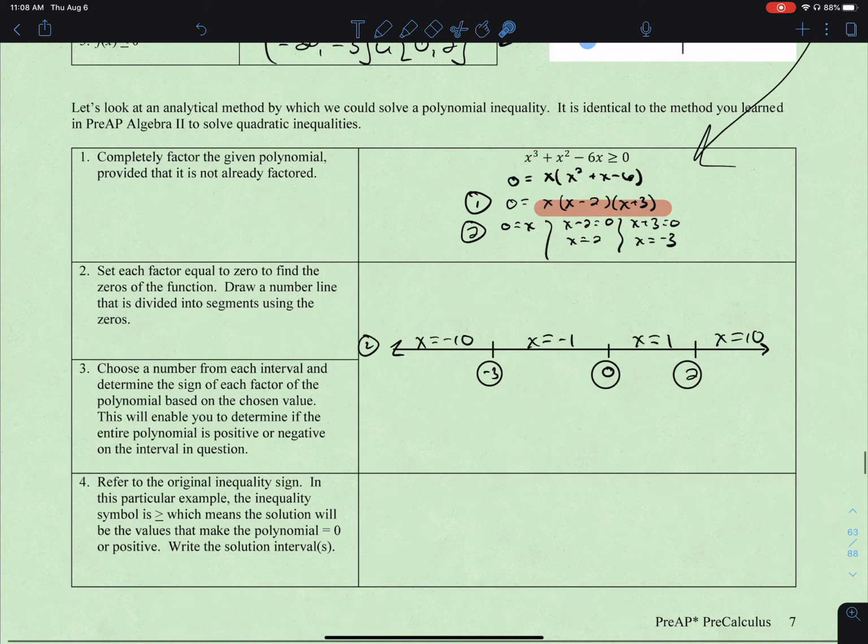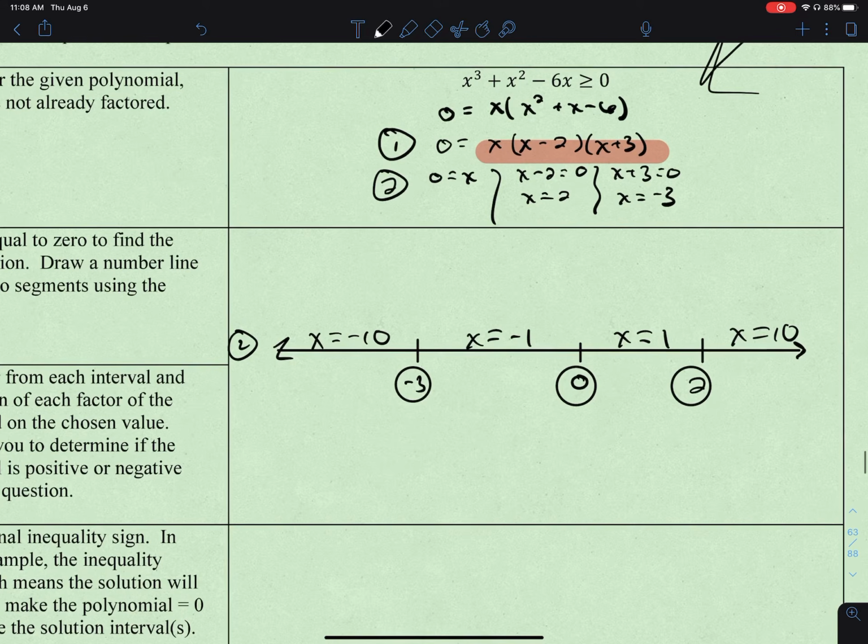Okay, so getting back to this factored version. If I put a negative 10 in here for this x, is that x going to be negative or positive? It's not a trick question. It's a negative 10, it's going to be negative. If I put a negative 10 into this, a negative 10 minus 2, is that going to be positive or negative? It's going to be negative.